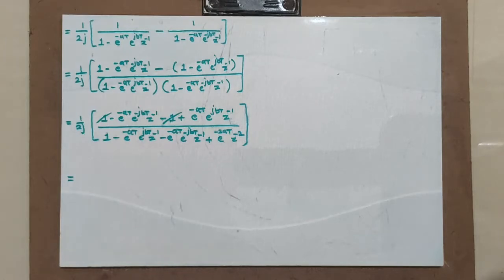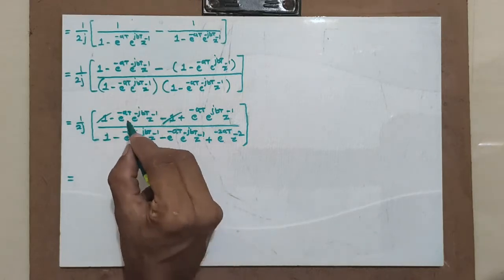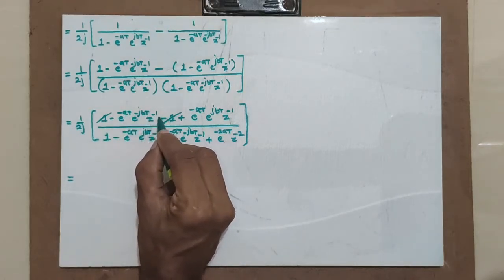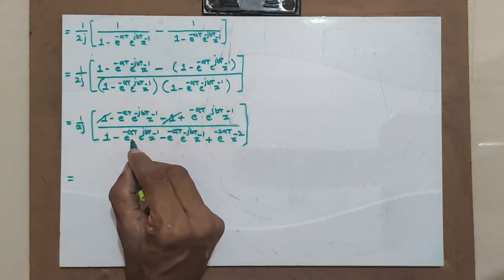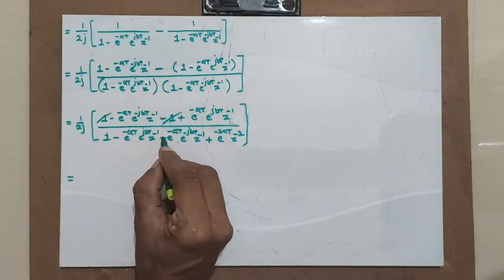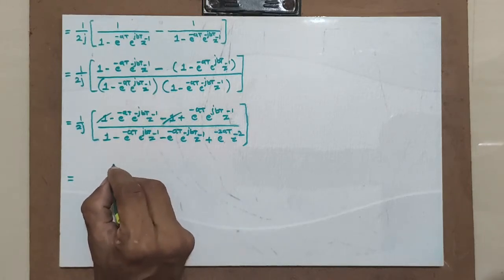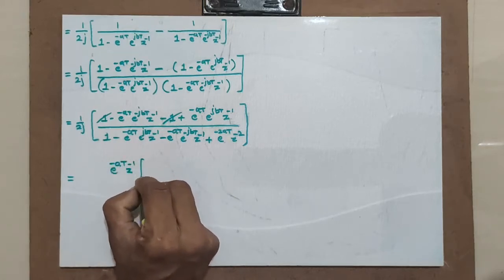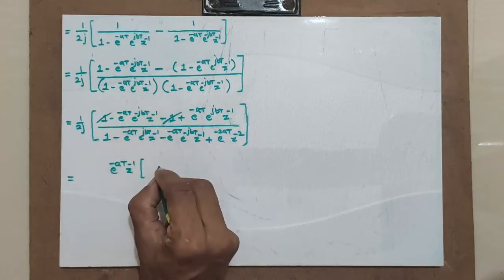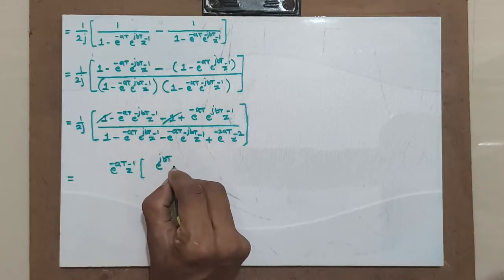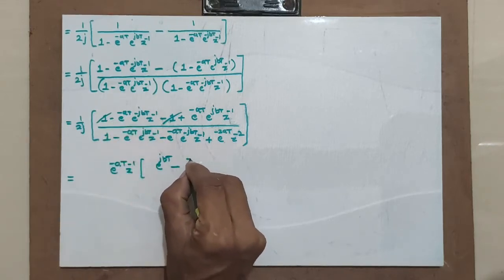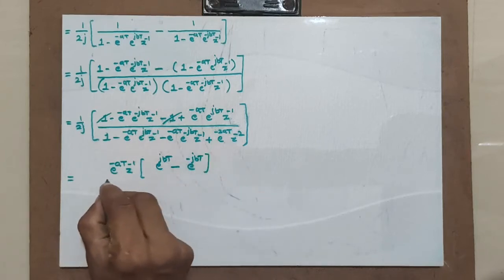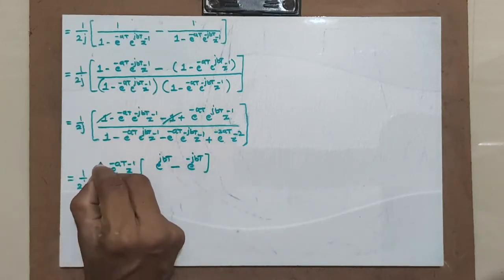Whatever is common, I will keep it outside. If you see here, e raised to minus aT, z raised to minus 1 is common. Similarly here also, e raised to minus aT, z raised to minus 1 is common. I shall keep those common terms outside. Hence here it becomes e raised to jbT minus e raised to minus jbT, and this 1 over 2j is outside anyway.